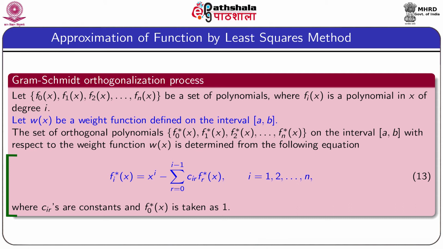The zeroth orthogonal polynomial f0 star x is taken as 1, and cir are constants whose values are to be determined using the least square method.